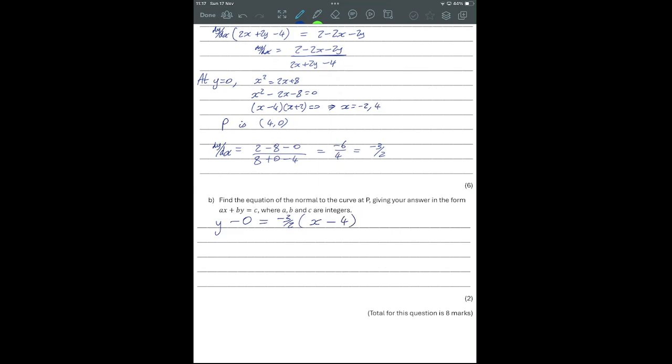I've used the coordinate 4, 0 because we're going through P. Now the question wants it in the form with everything being integers, so I'm going to double the equation and simplify out the other side. It wants x and y on the same side, so I'm going to oblige, and there's my final answer.